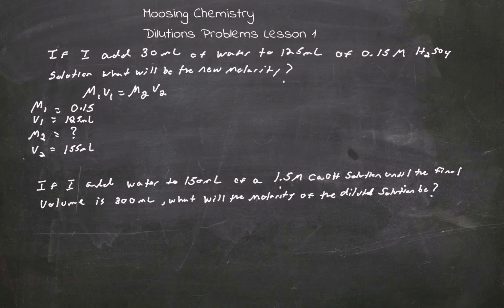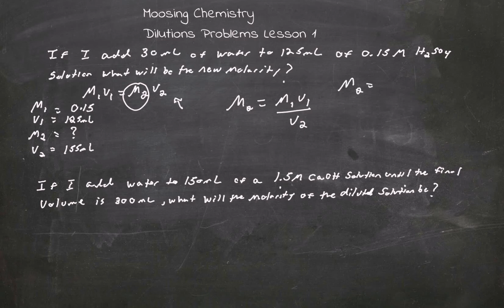So we're going to take this equation here, and we're going to isolate for M2. So let's see here, that'll be M2 equals M1V1 over V2. So now we just plug in our units.